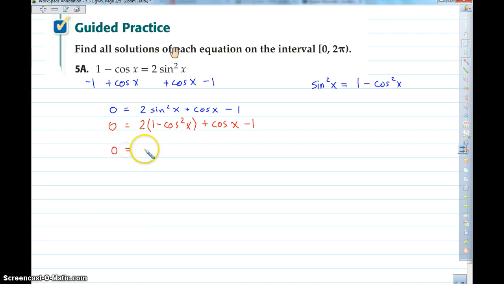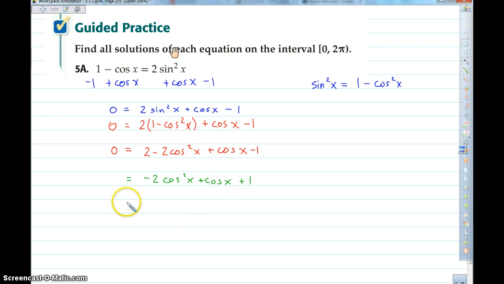So we'll go ahead and distribute: 2 minus 2 cosine squared x plus cosine x minus 1. You get that pesky negative out front again. This is negative cosine squared x plus cosine x plus 1. Very similar to what we just factored.